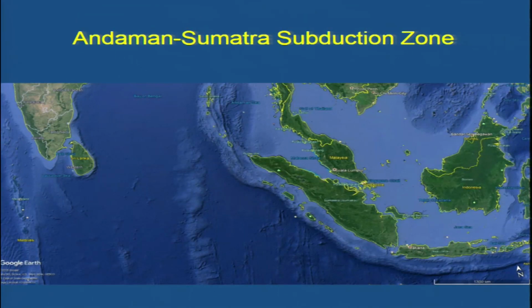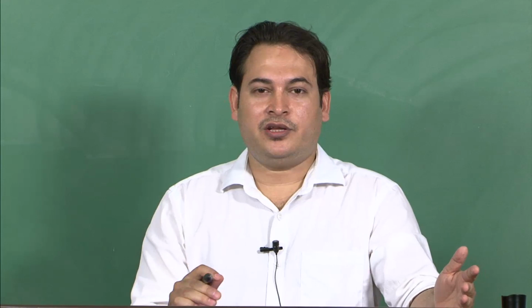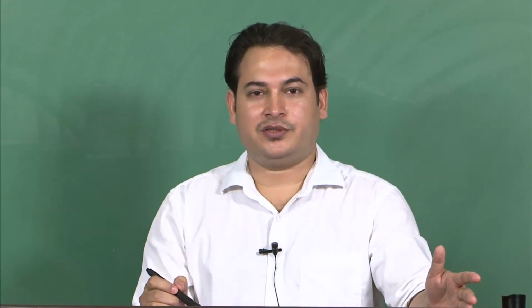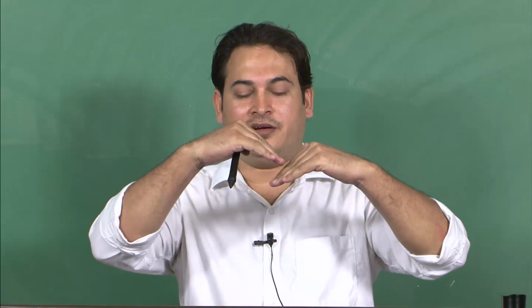Now, if you look at the aerial coverage of these subduction zones, okay, if you have Google Earth access, then you can see these subduction zones on Google Earth, and you can see the very prominent features along the subduction zones, where one plate is subducting beneath the other plate.